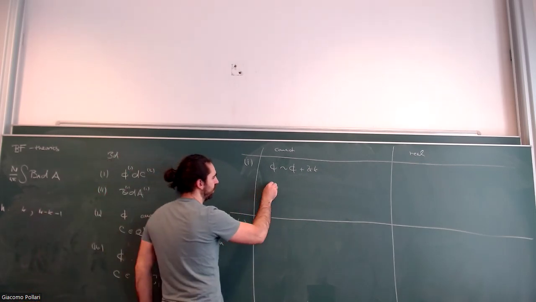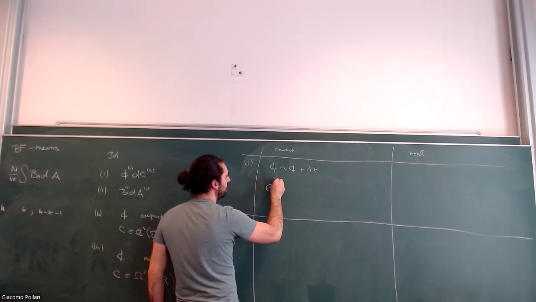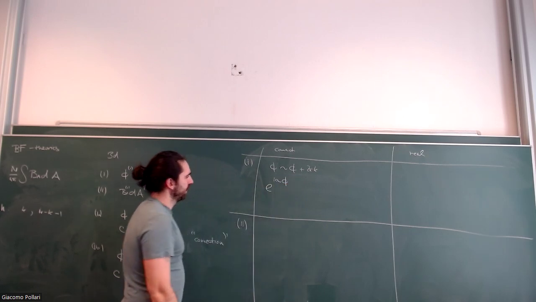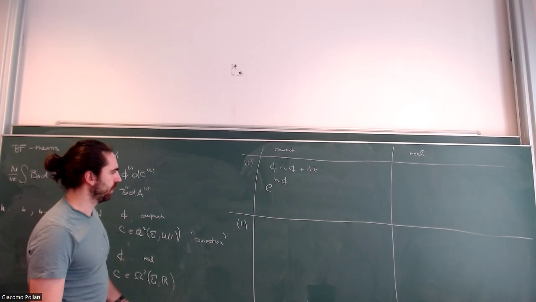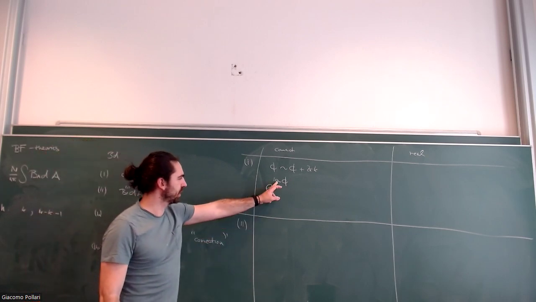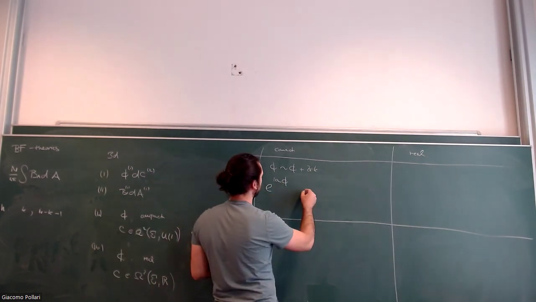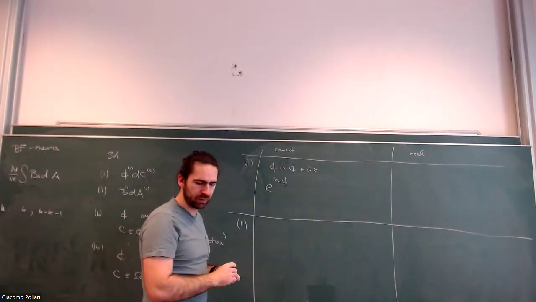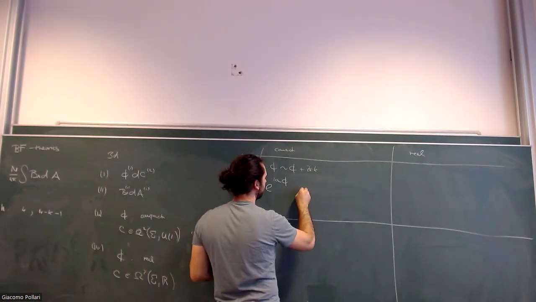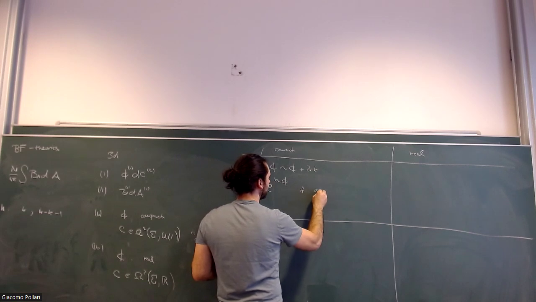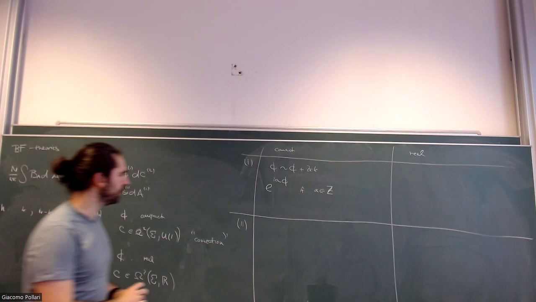But if I put it in the exponential like that, it becomes good if I specialize A, right? And I need to specialize it to what? Integer, right? It needs to be an integer. If A is integer.